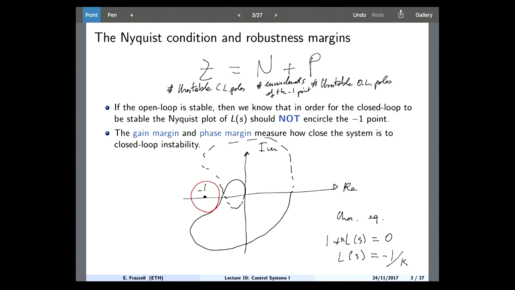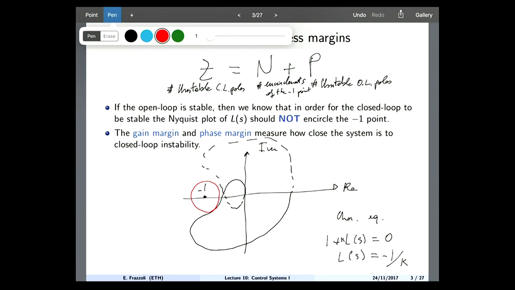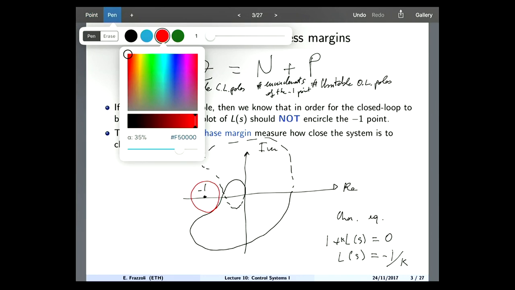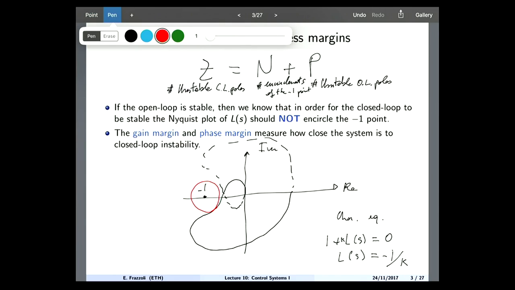In practice, what is often done is that you don't necessarily measure that circle. What you measure is two other quantities. One is how far I am from the Nyquist plot along the real axis.